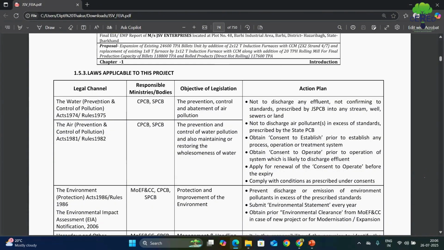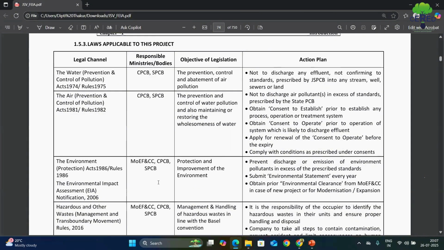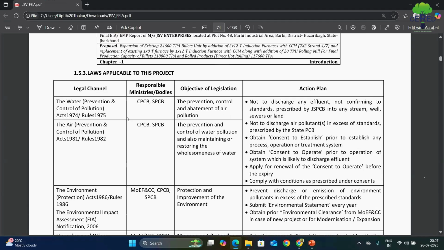So these are the legal channels, and the responsible bodies for them are basically CPCB and SPCB. For a few of them, MOEF and CC is also responsible. The main objective of this regulation is to control and prevent pollution and provide amendment for all air, water, soil, noise and waste.